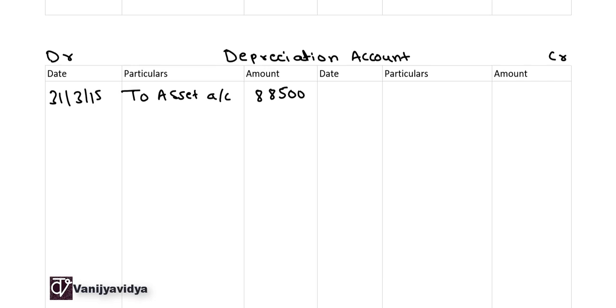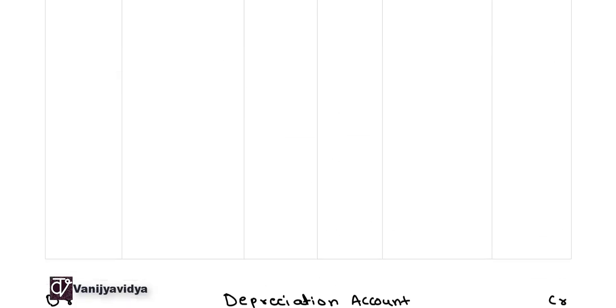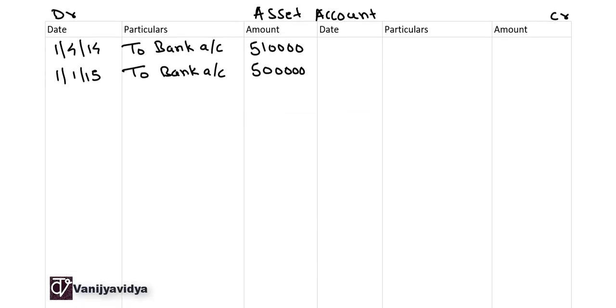And on the credit side of the asset account, March 2015, by depreciation account, amount is 88,500. So now there are no more events for the year 14-15.